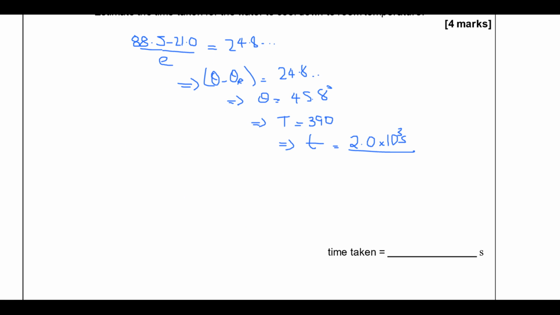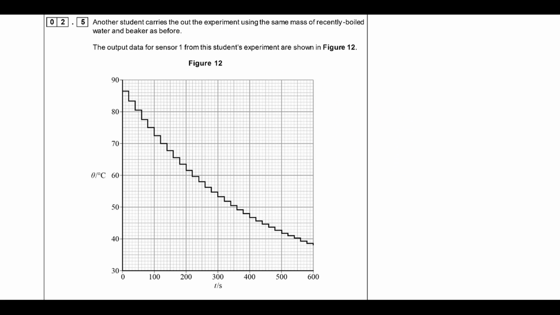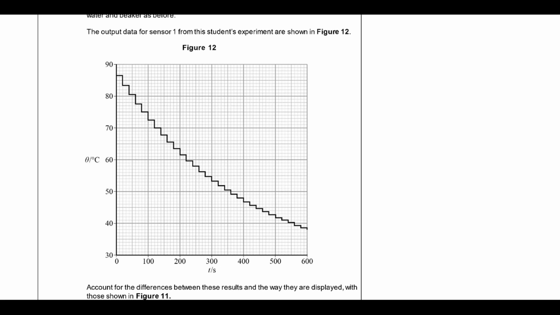So let's move on. Another student carries out the experiment using the same equipment, but we've got a different sensor shown here. When you get a sensor looking like this, that means the sensor doesn't update very often. Your sensor is updated here and has this reading, and then it updates 20 seconds later.